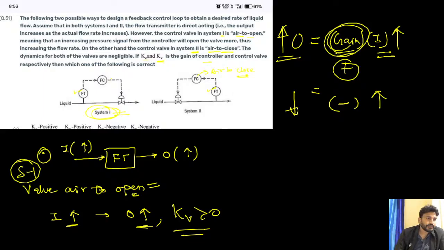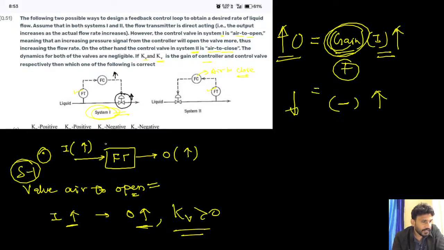Okay. Now see. So सिस्टम 1 के अंदर वॉल्व एयर टू ओपन है, मींस इफ कंट्रोलर आउटपुट इज इंक्रीजिंग, this control valve will also open and its output also increasing.